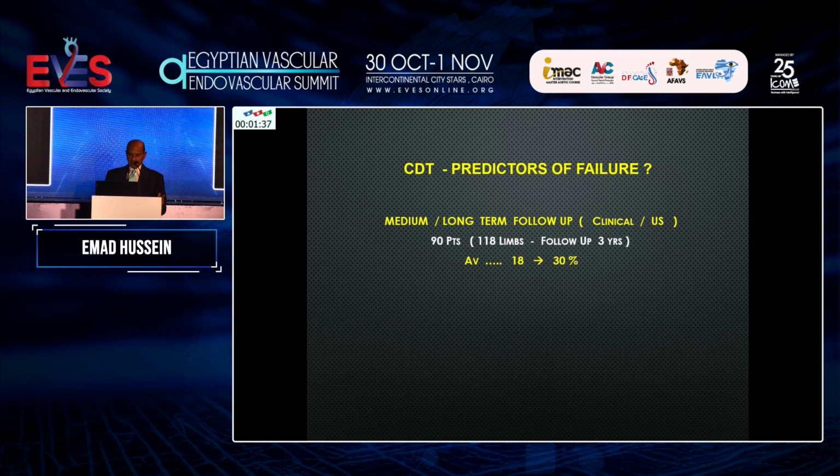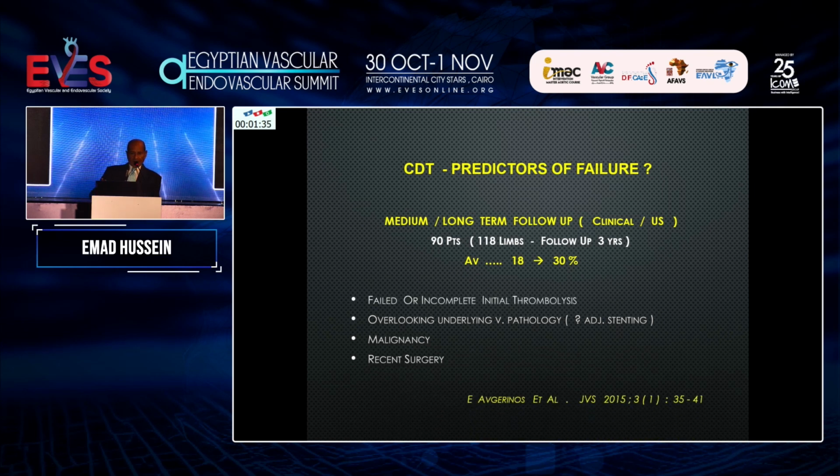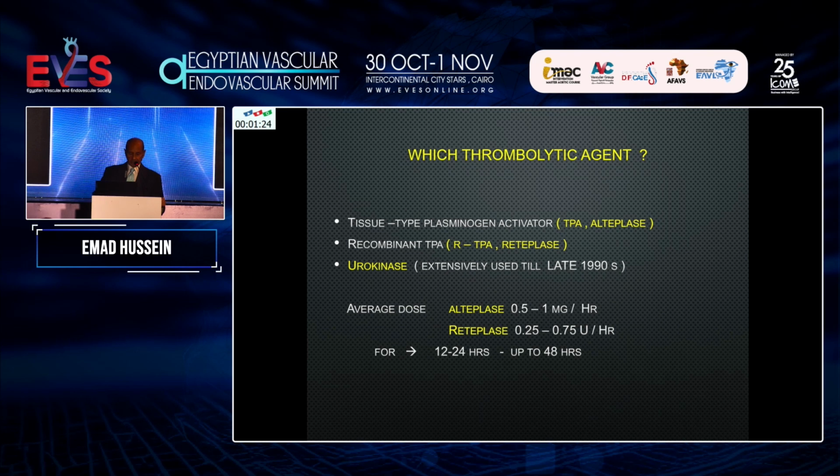So my first take-home message: we have to differentiate between an acute, short-term failure as well as long-term failure. Which thrombolytic agent, in fact, doesn't matter. It's about the dose and the degree of lysis you have achieved. So alteplase or reteplase, it doesn't matter.